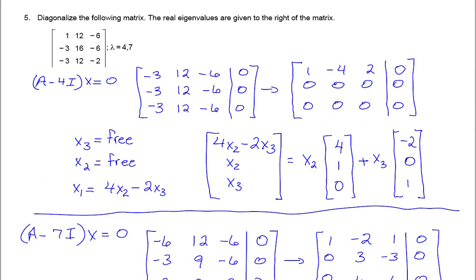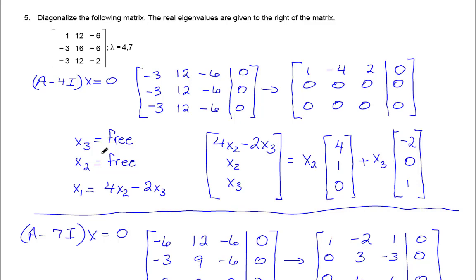Alright, in question 5, here's matrix A, and they're giving us already the eigenvalues. And so what I need to figure out is what would be the columns, or the eigenvectors, for matrix P. So use lambda equals 4, and we solve this particular system. Not very hard to solve because it falls apart quickly.